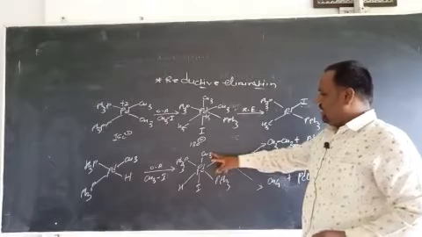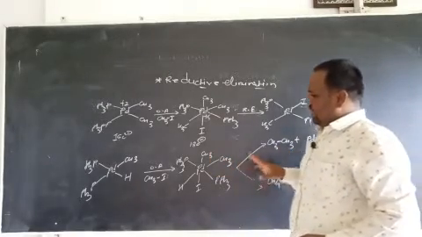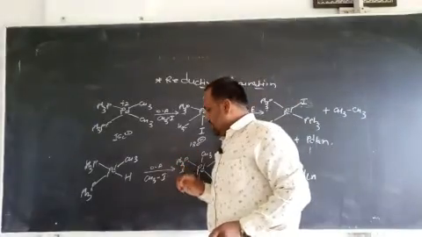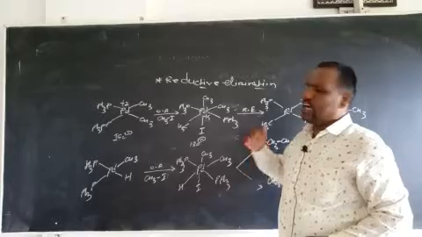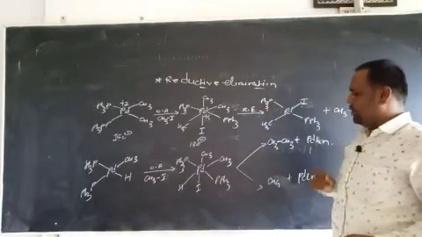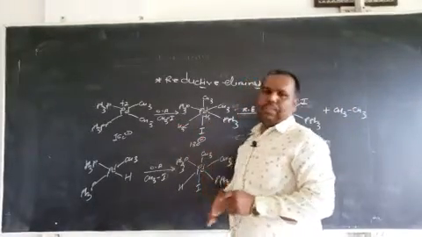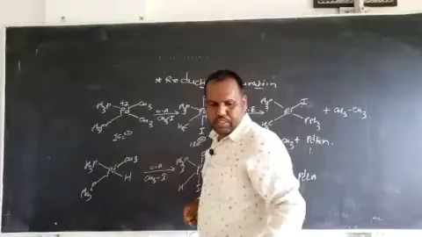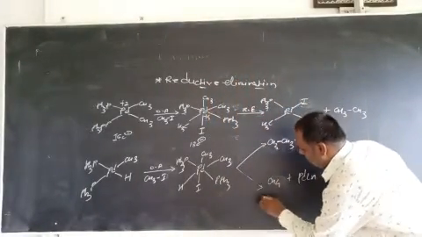But in this case, if you get ethane, then the transition state has higher energy than that of CH3 and hydrogen. Therefore, the selectivity order is very important. That is, if you see, we get methane as a major product.